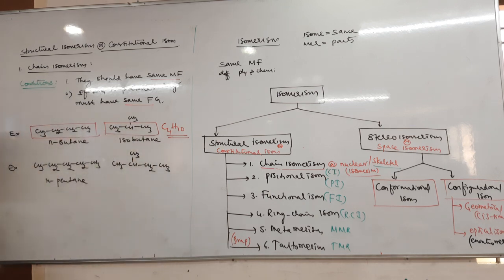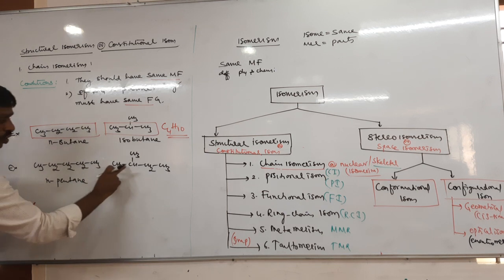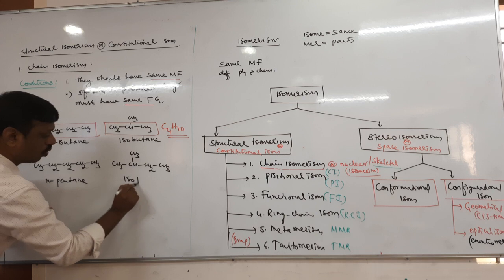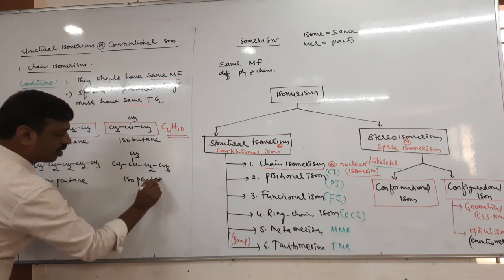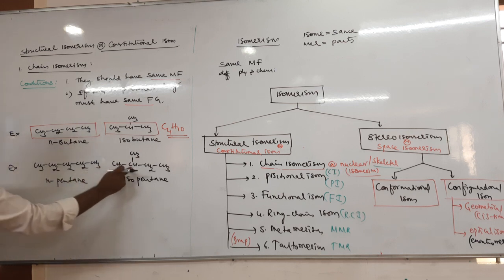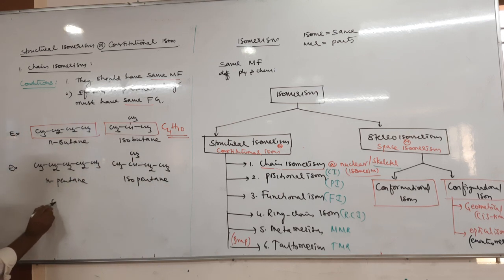What is this? 1, 2, 3, 4, four carbon atoms, and it is isopentane. Then can you write 3 carbon atoms in the parent chain? Yes, you can also write 3 carbon atoms in the parent chain. How? Neopentane, right?